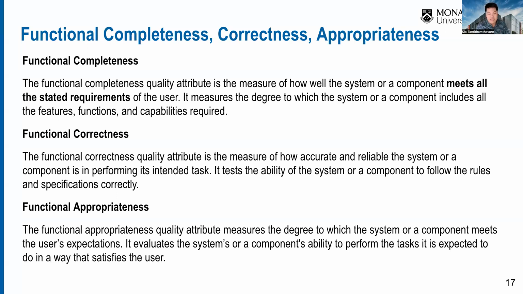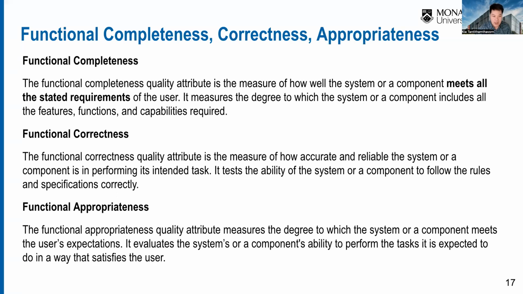So we need another measure, functional correctness, to measure whether each function is performing its intended task and meets the requirement or not. They are quite similar and related, but they are different.